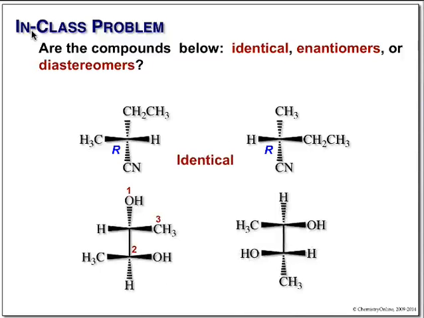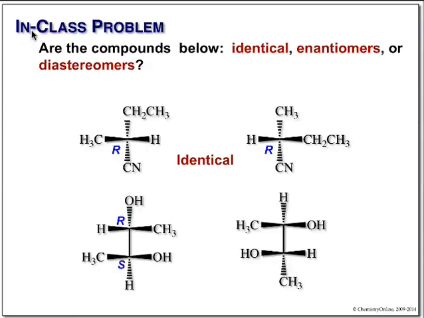This is counterclockwise, so this is R. Our second carbon, hydroxyl is 1, secondary is 2, methyl is 3. This is counterclockwise. Hydrogen is back, therefore this is S. So our first one is RS.